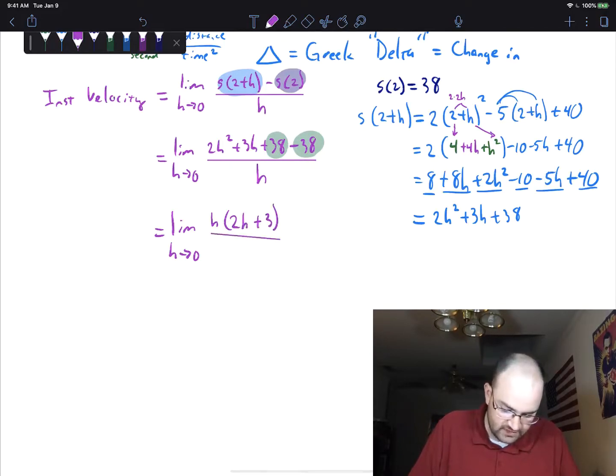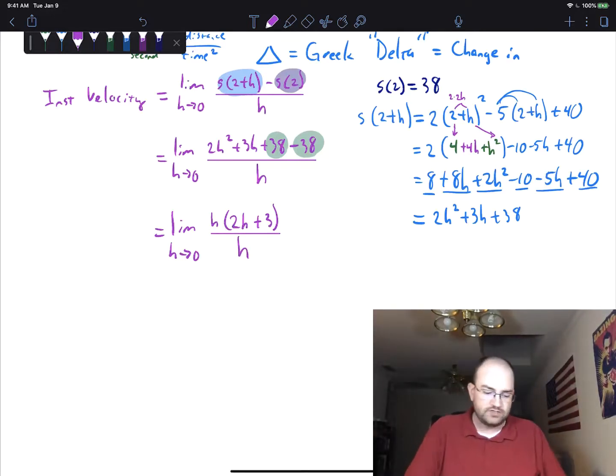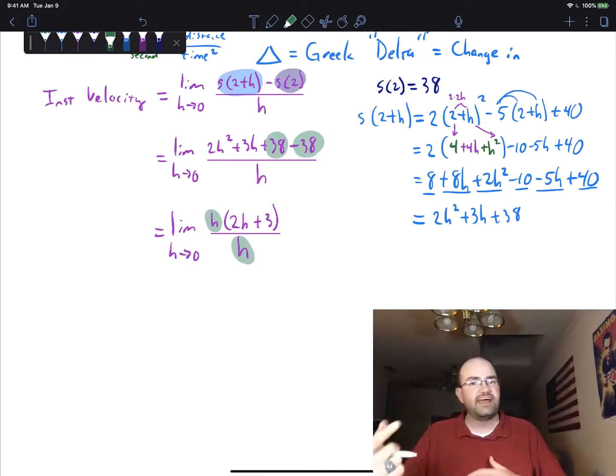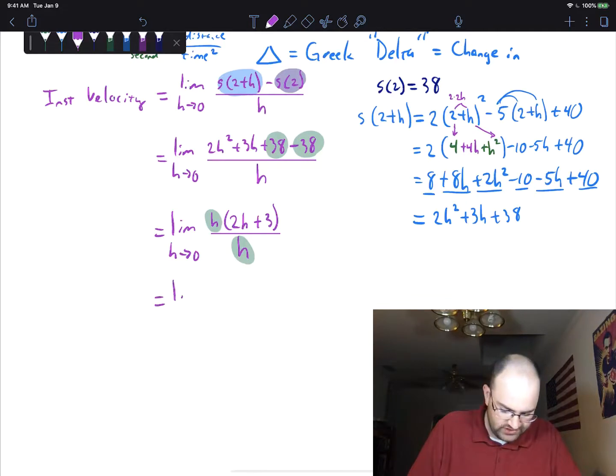Now notice that in the denominator we still have h. Awesome. And now notice that because that's a factor of both numerator and denominator, they will cancel each other, leaving you with just a 1 for each one of those. But if it's just a 1, you don't really write it. So then we just have the limit as h goes to 0 of 2h plus 3.